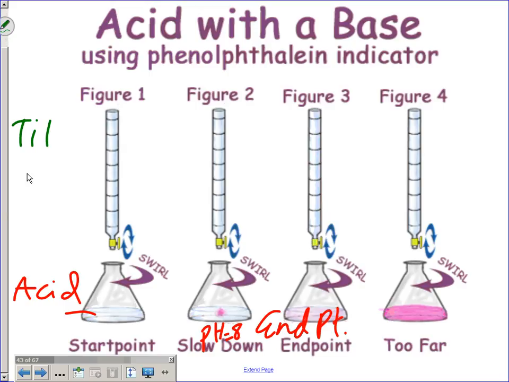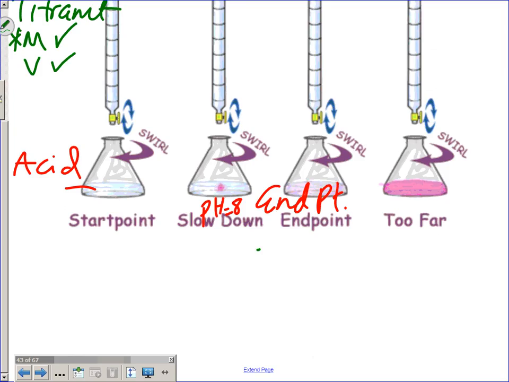So the titrant is the thing where you know the molarity, the moles per liter, and you know the volume. It's also called the known, because you know everything about it. You know the molarity and the volume. That's pretty easy.